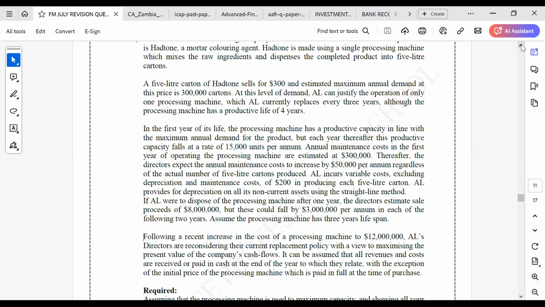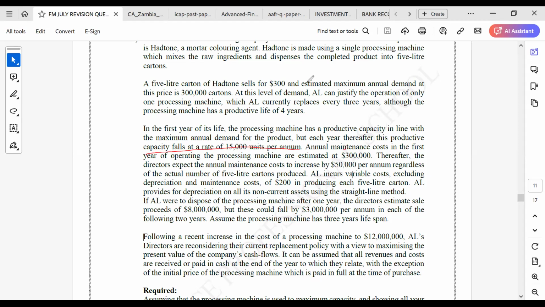Okay. So let's look at this assumption over here. In the first year of its life, the processing machine has a productive capacity in line with the maximum annual demand, which will fall at this rate.